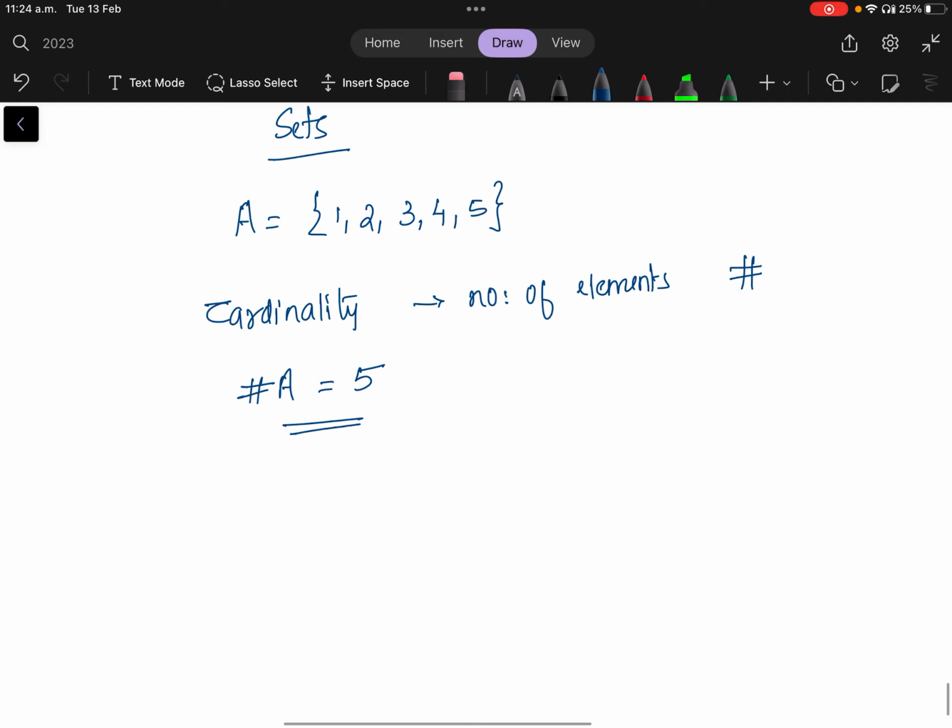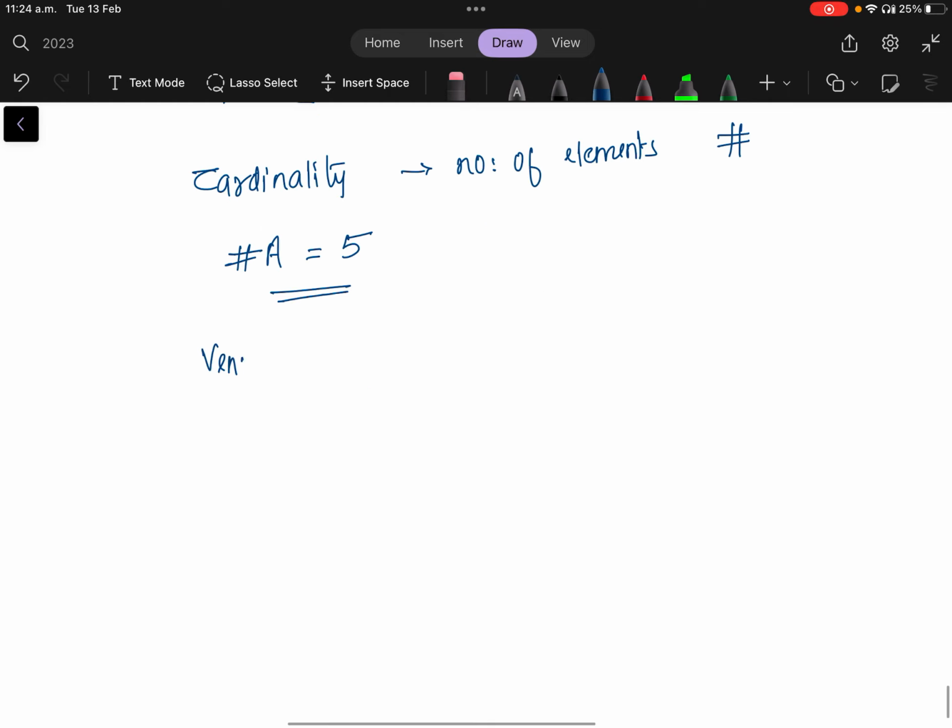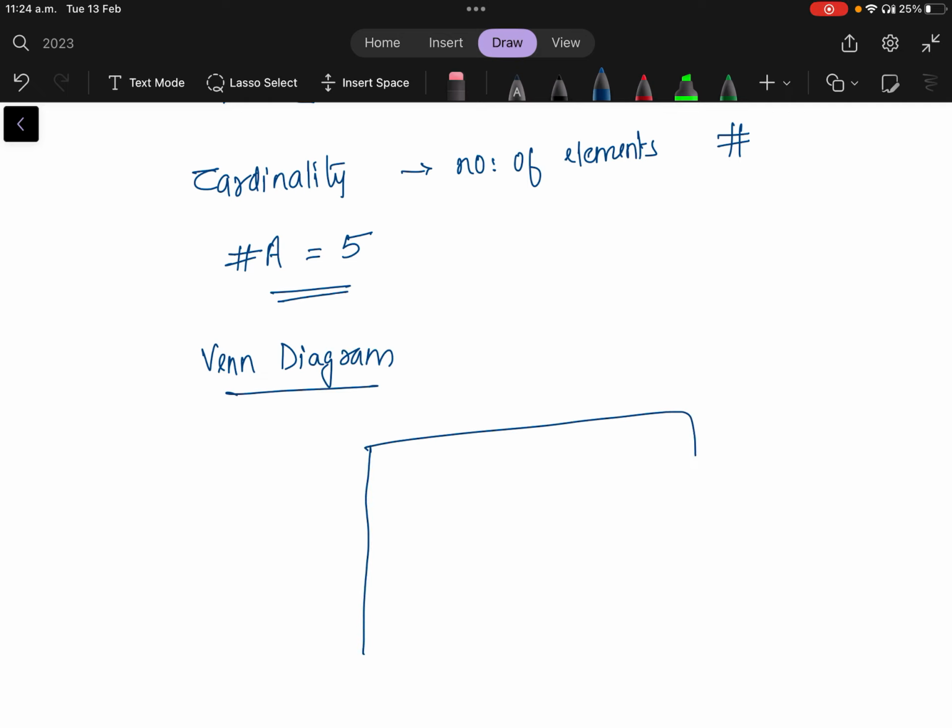Now, if you want to represent a set, you can either write it in this format or you can use a Venn diagram. So this is a diagrammatic representation. What you do is you put a square like this. This is called the universal set, which denotes all the elements.